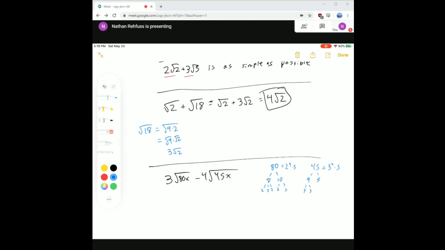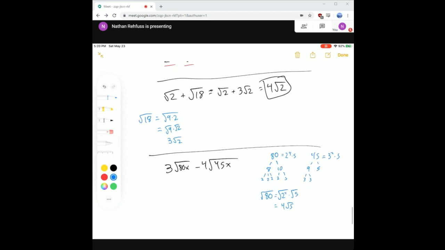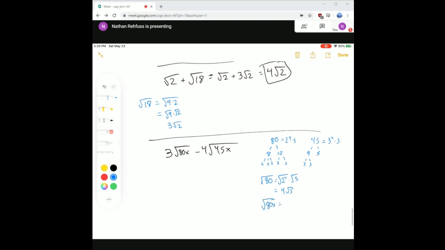As a matter of fact, that means if 80 is 2 to the 4th times 5, then root 80 is root 2 to the 4th times root 5, which is 4 root 5. Okay? And that means root 80x, well, there's just an extra x at the end.